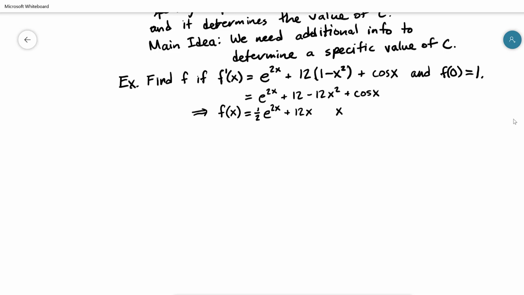So let me write this down. Let's see if we can figure out what this coefficient needs to be. When I take the derivative of this, I want this coefficient to wind up being a negative 12. So I know I'm going to need a negative sign. I'm not going to get that from the power, so I need a negative sign. Let me write that 3 a little clearer.